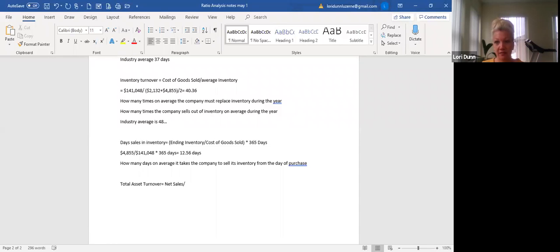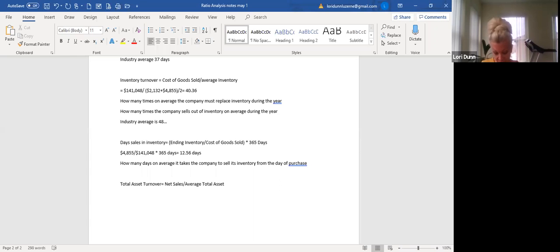We're using our assets, all of them, to do what? Make sales. Divide that by the average total asset amount. So how much did we buy in assets on average? Let's see how much in sales we created from those assets.